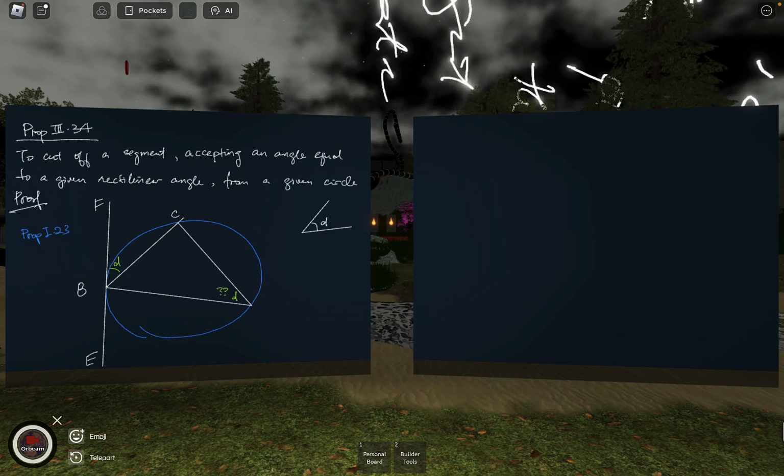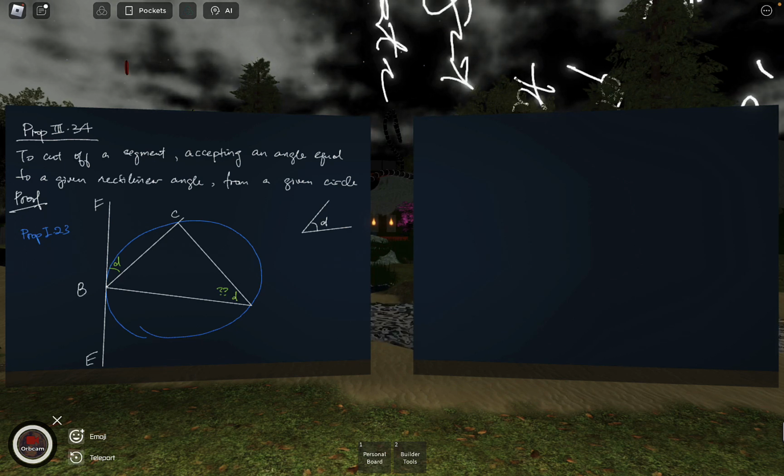It's actually a typo in the book: the book says 1.32 but it's actually 3.32.